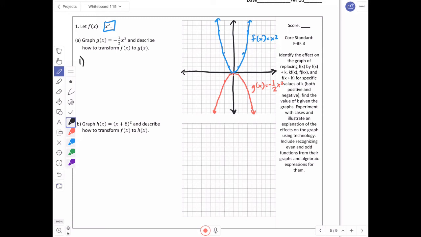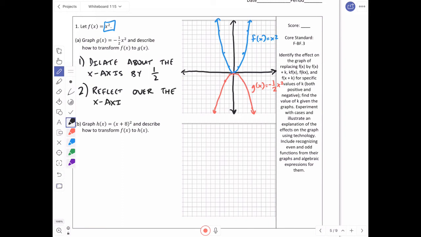And the steps here would be 1, dilate about the x-axis by 1/2. And step 2, reflect over the x-axis.